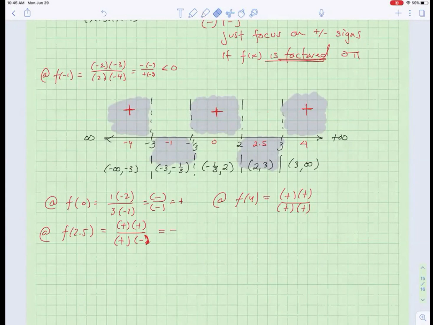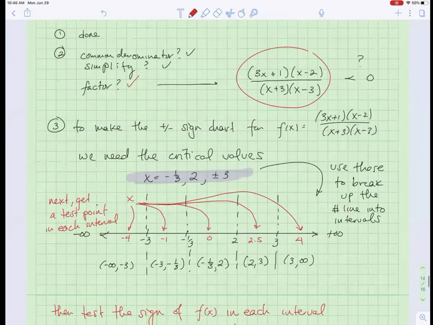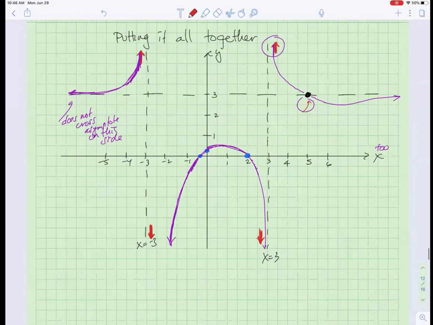Maybe I should put those minus signs below the axis there. Now, if you look back at our original graph of this, way back up here, you can see that that's actually what's going on here. We have above the axis on the left side, it's actually way up above the asymptote. And then we're below the axis until we get to -1/3.